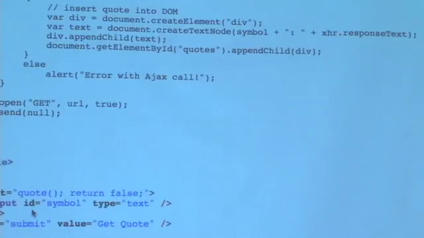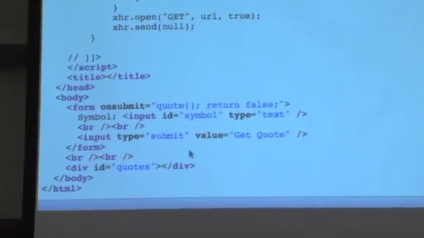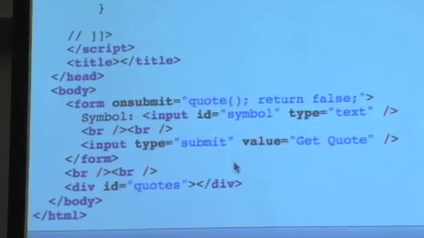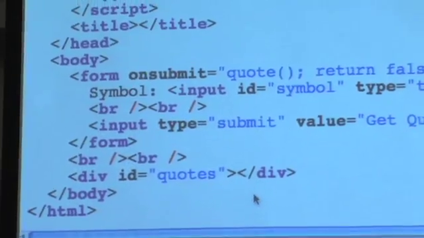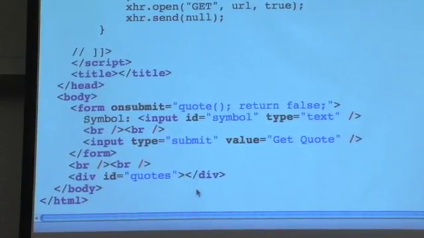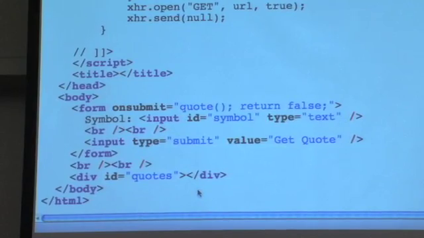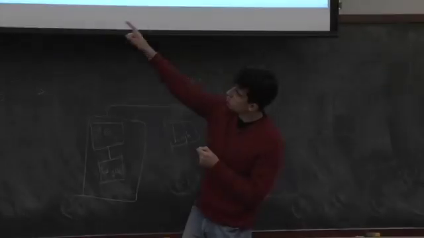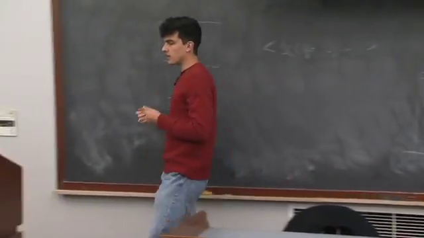Notice that down here, we have a div with ID quotes, but we don't actually insert the data directly into it. We don't use innerHTML on this quotes div to add in the price that we saw.